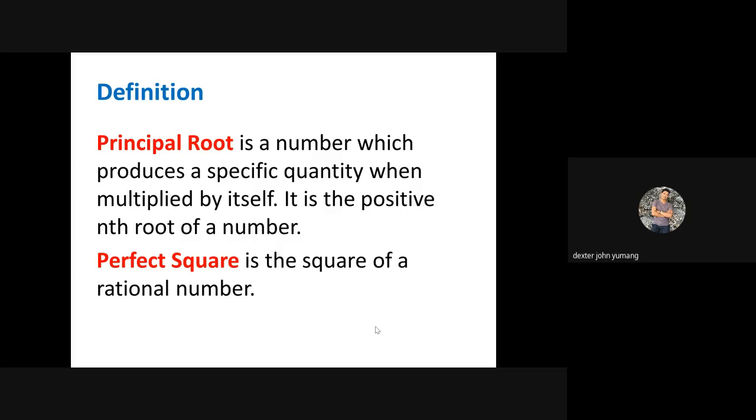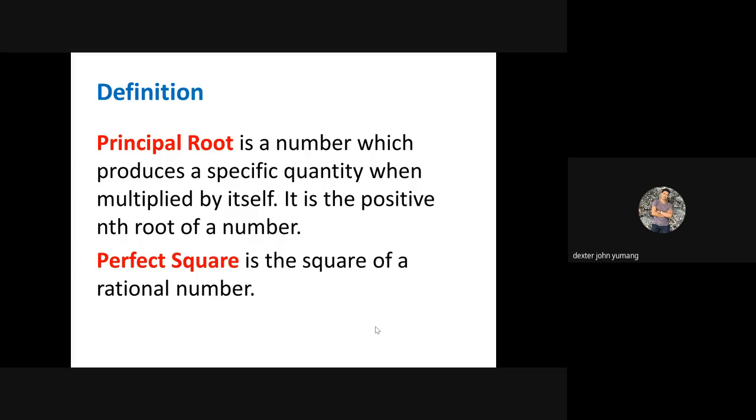So the principal root, it is a number which produces a specific quantity when multiplied by itself. So nag-multiply tayo kanina ng kanyang number sa kanyang sarili. For example, 10 times 10. Tawag po doon principal root. It is the positive nth root of a number.